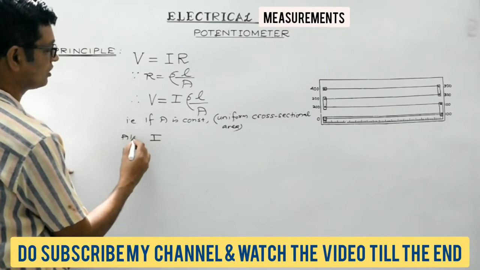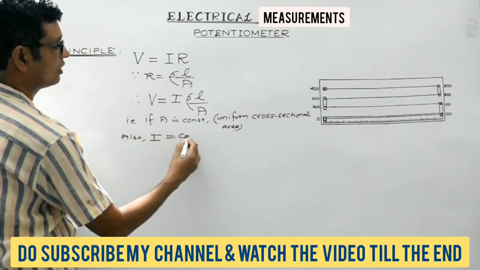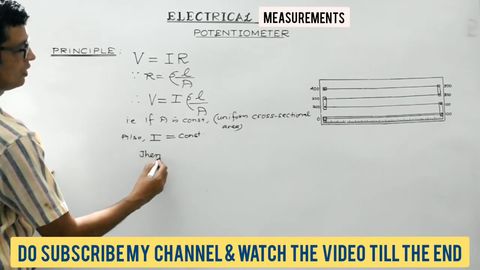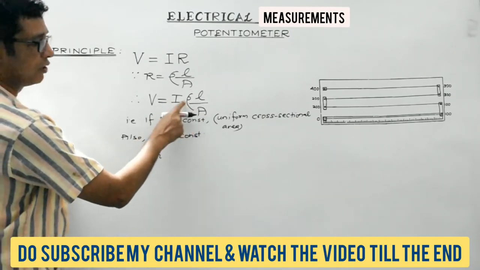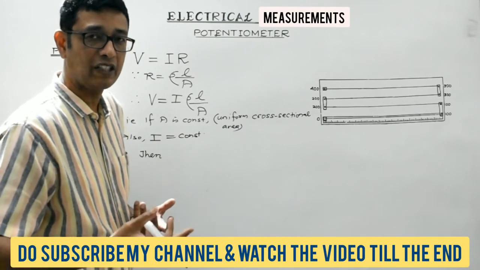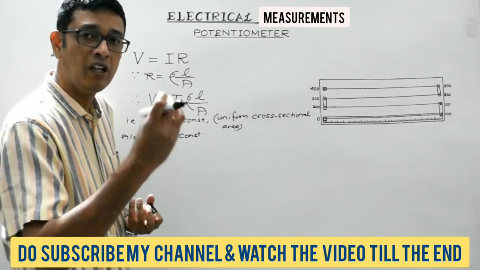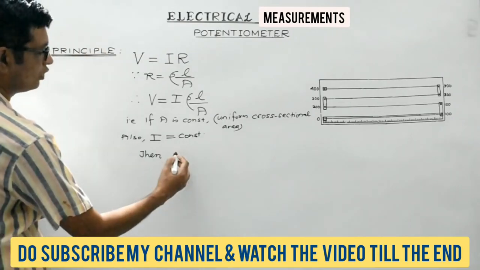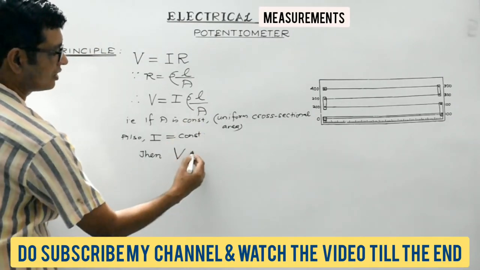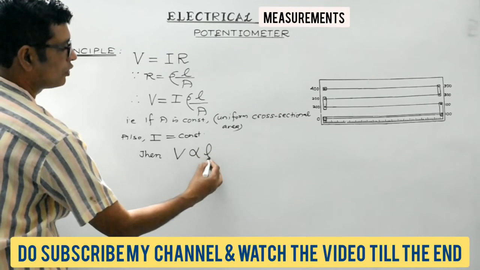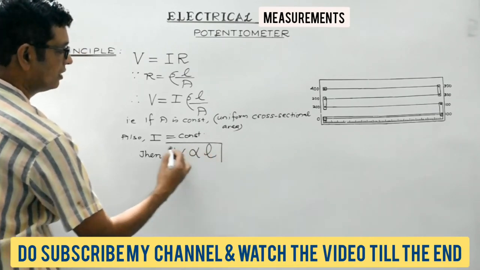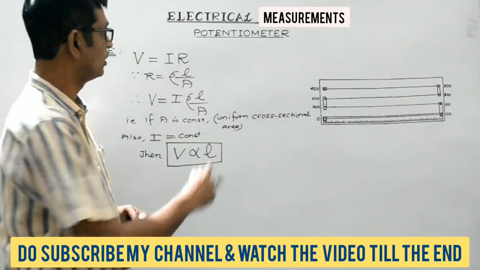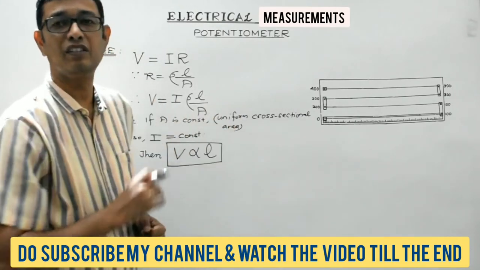Then I is constant, A is constant. Rho we are aware is the resistivity, which only depends upon the nature of the material of the wire, and in a given condition it is also constant. So all these terms are constant, therefore V would be directly proportional to L. This is, students, the principle on which the working of the potentiometer is based.